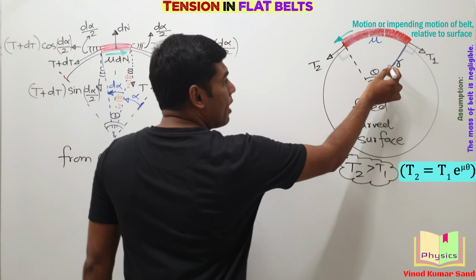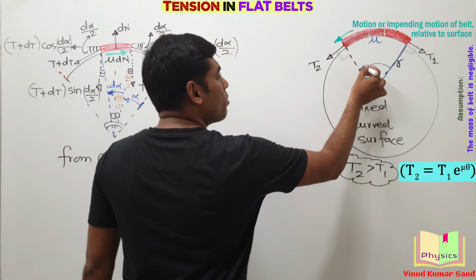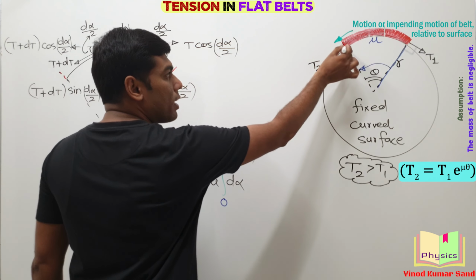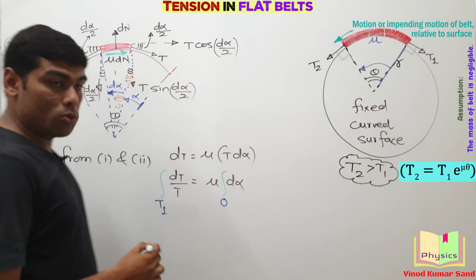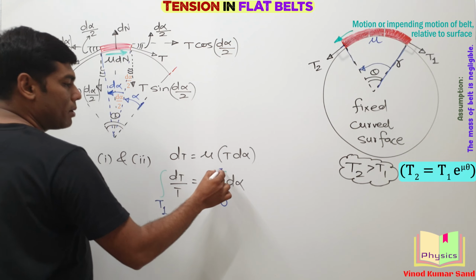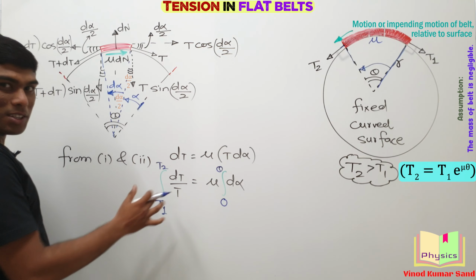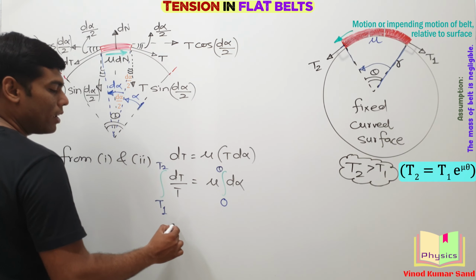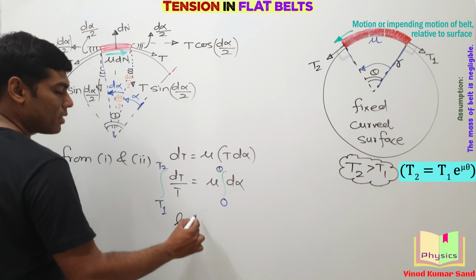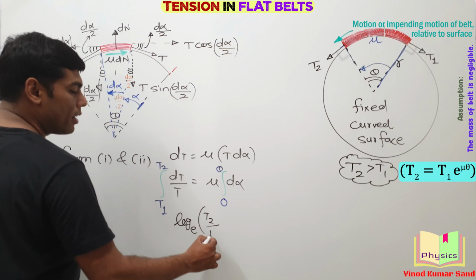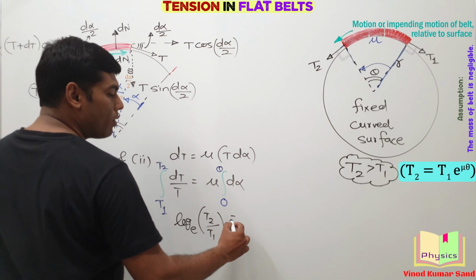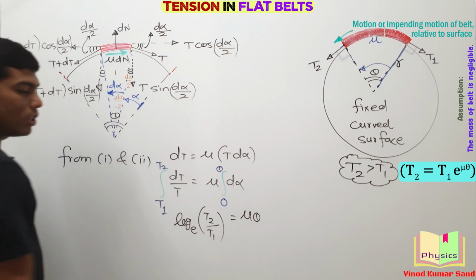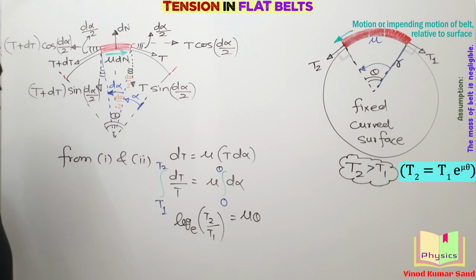When the angle alpha becomes equal to theta, then we have taken the tension as T2. So writing that limit here, I hope you understand this integration. I am writing directly. It will be log base e of T2 by T1, and here we will get mu theta. Simple and easy answer.